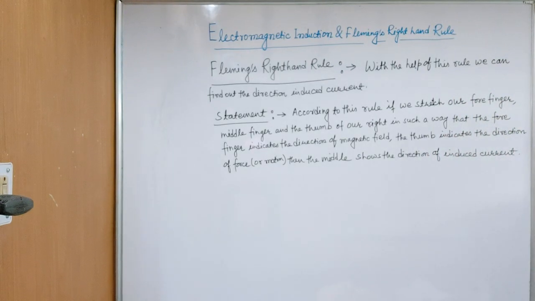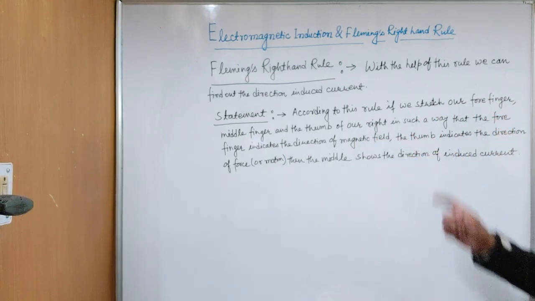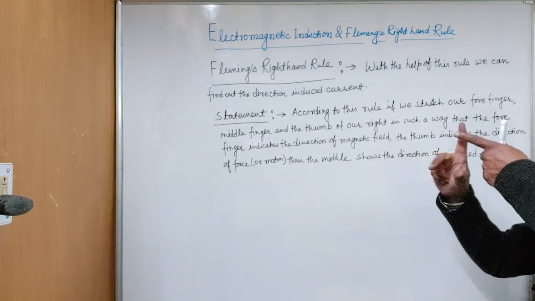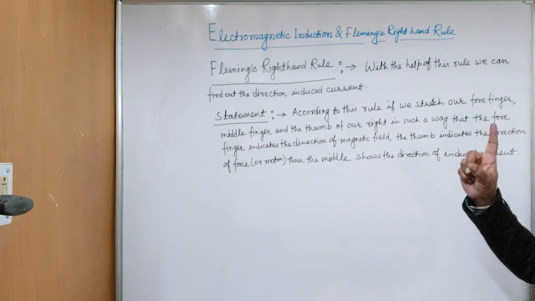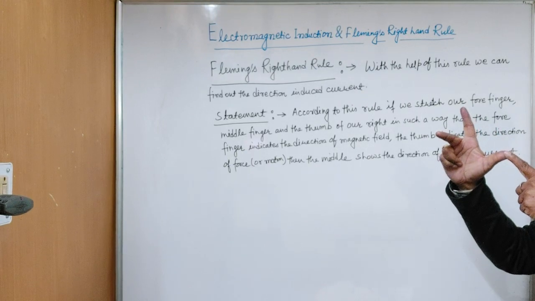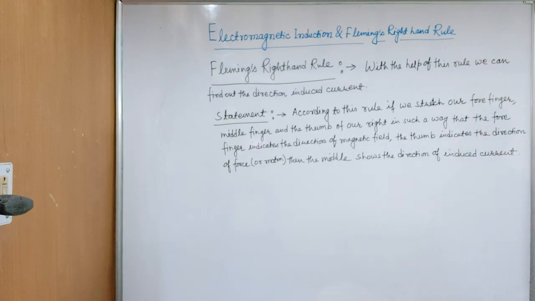So very important rule. As I have written, according to this rule, if we stretch our forefinger, middle finger and thumb of our right hand in such a way that the forefinger indicates the direction of magnetic field, the thumb indicates the direction of force, then this middle finger will show the direction of induced current.